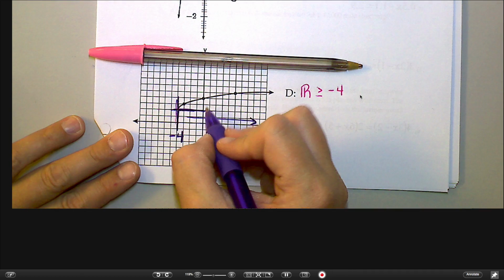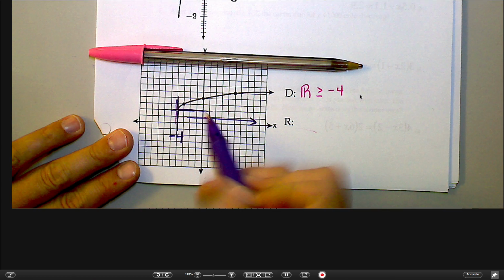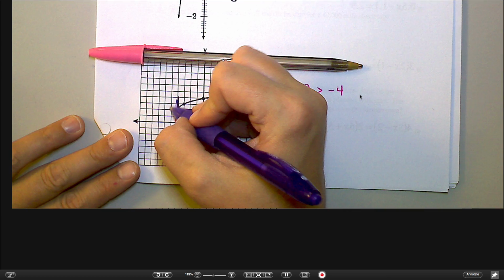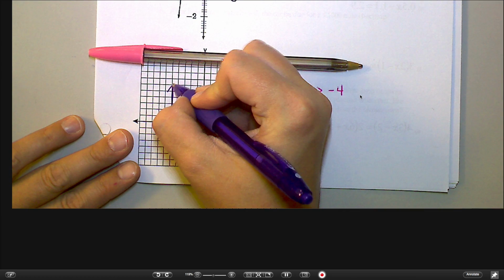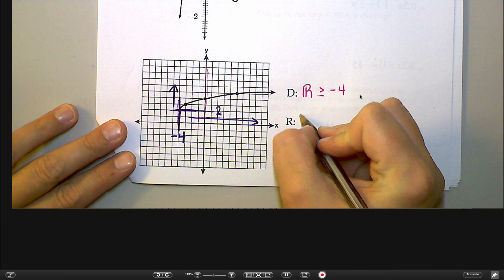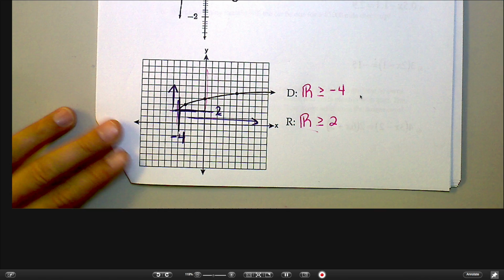So the lowest my graph goes is, let's see, I've scribbled all over here, but that's a 2 on the y-axis. So I want everything from 2 up. Okay, everything from 2 up this graph will cover. So I'm going to say all real numbers greater than or equal to 2.